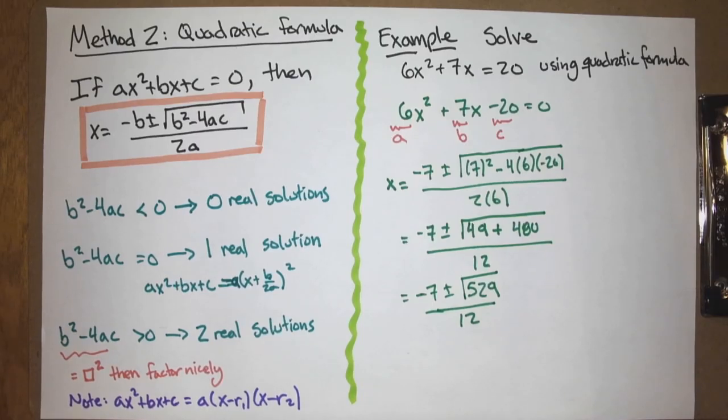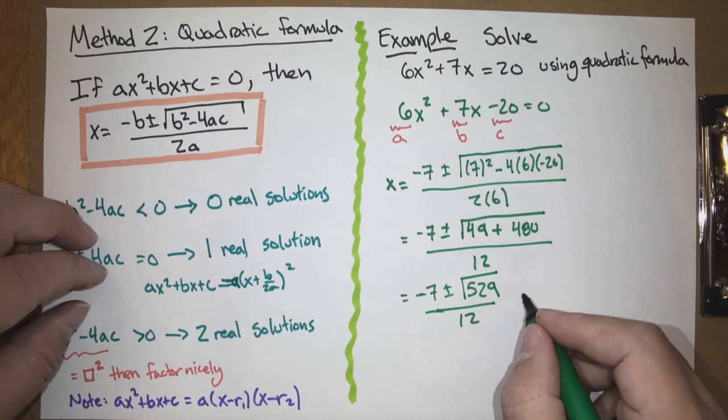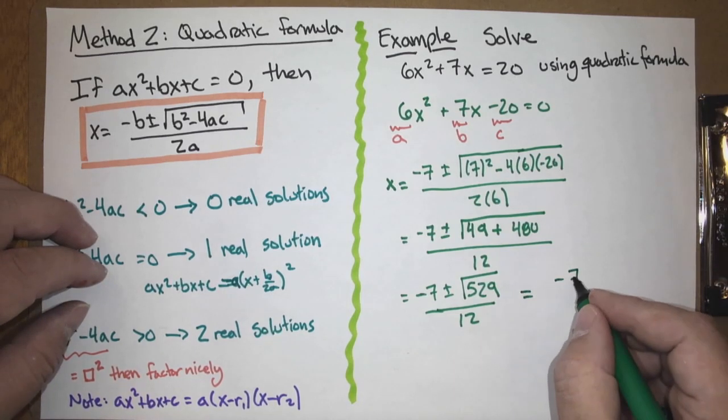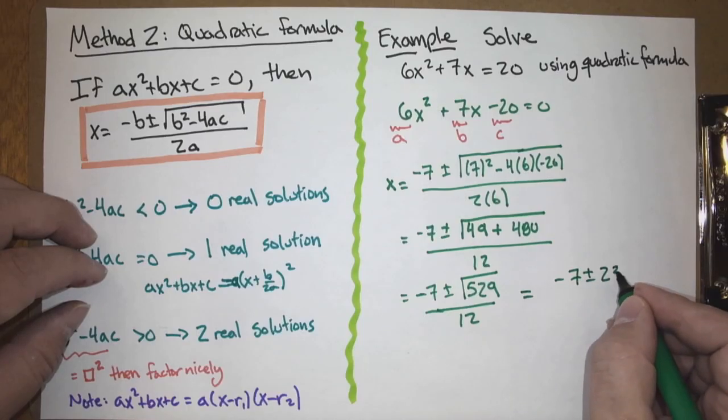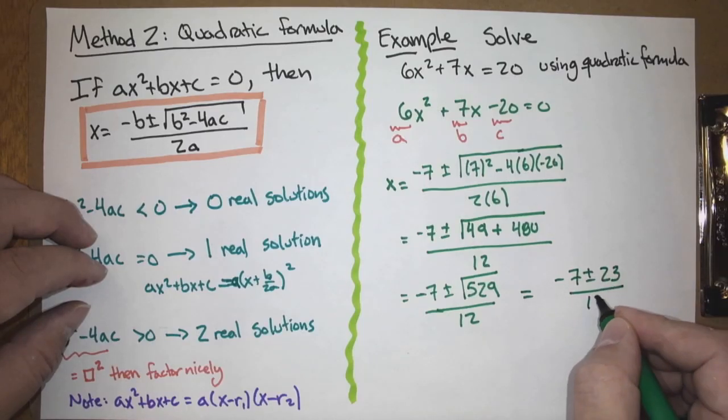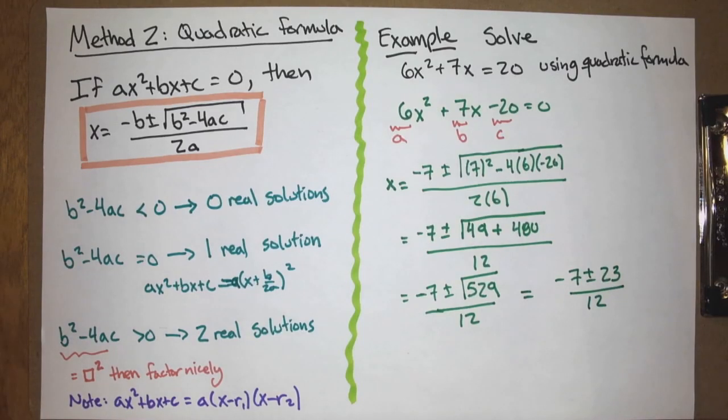Okay, calculator, square root of 529. What will your calculator tell you? It might tell you a long string of digits, but in this case, it tells you 23. So again, I expect you to come up with these numbers using technology if you're allowed to use it, and you are.